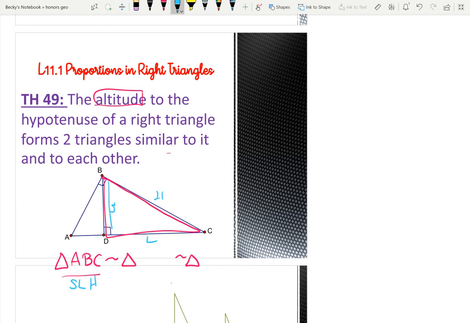Okay, so down the short, then the long, then the hypotenuse. B, D, C. Now let's do the other side, the little baby triangle. So this is your short leg, this is your long leg, this is your hypotenuse. So let's go in the correct order. Down the short, then the long, then the hypotenuse. So this is A, D, B.